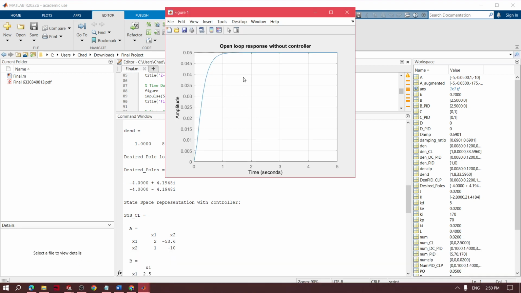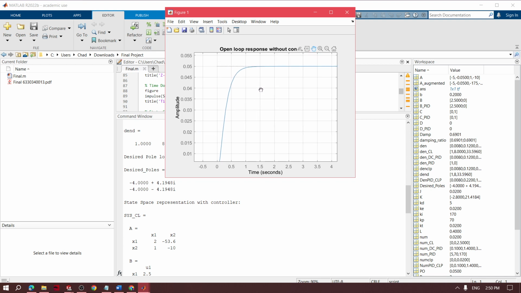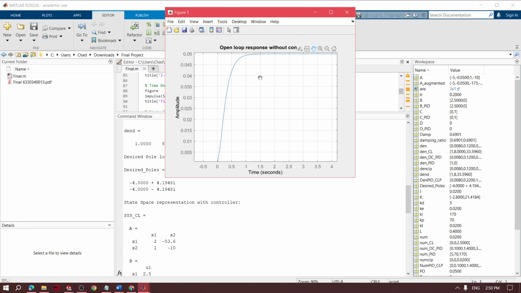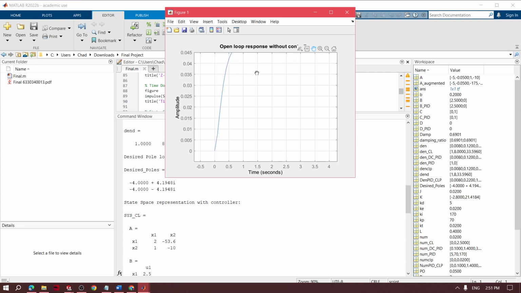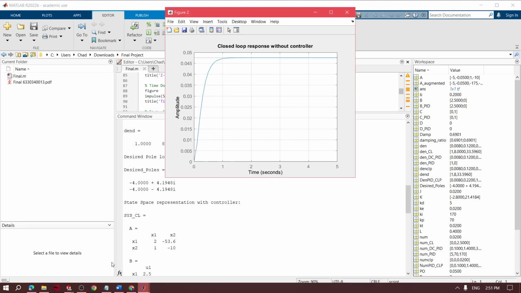Figure 1 shows the open loop response. You can see 0.05, and the second one is the closed loop response.